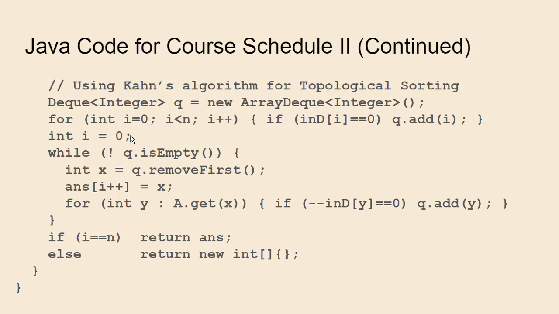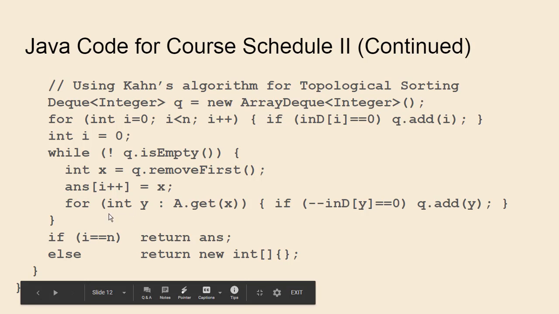And this variable I indicates how many nodes have already been added to the answer. So this serves both the purpose of assigning each new element to the correct position in the array, and also for checking whether I have added all n elements.